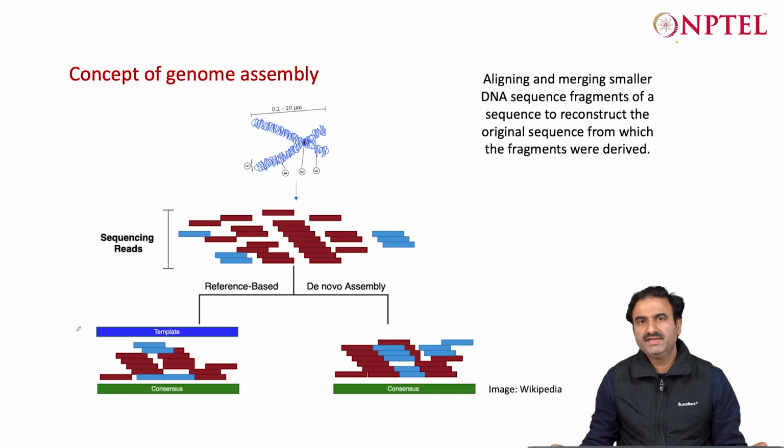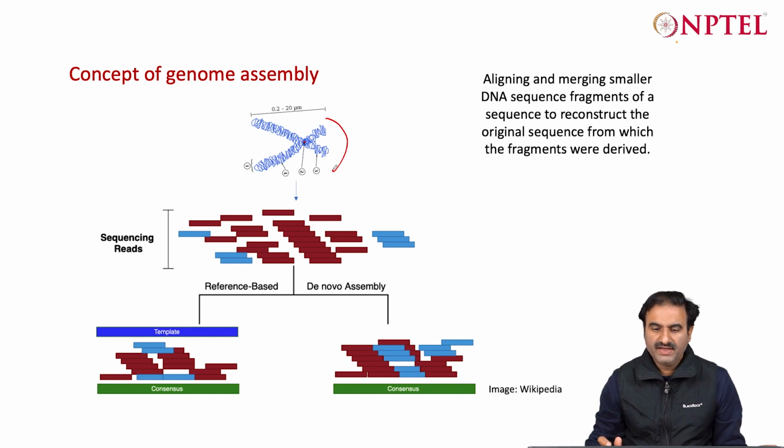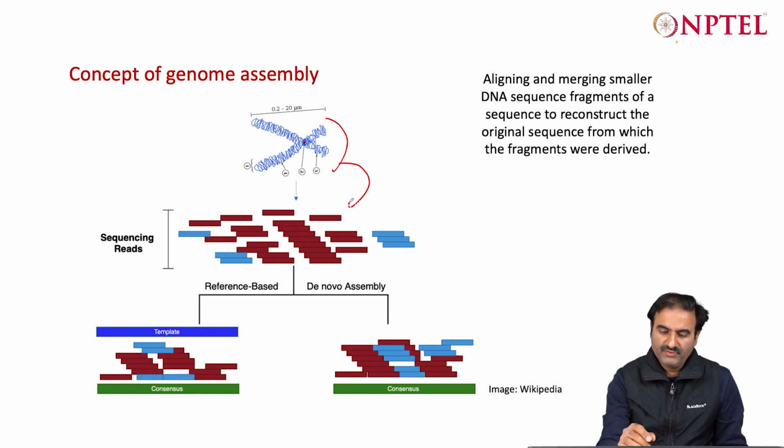So basically, in the concept of assembly, just to revise and have a quick recap of what we did earlier: we start with a chromosome from which we extract DNA, and that DNA is sequenced into reads.